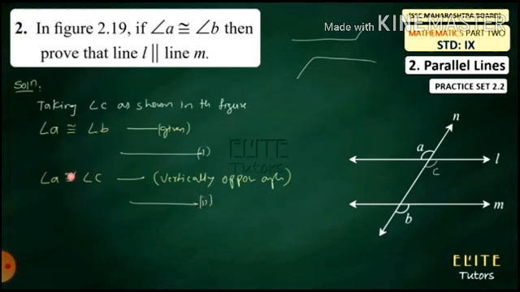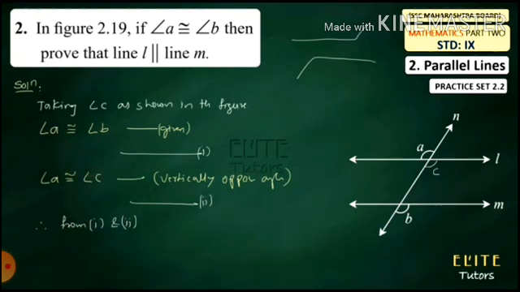Now we will compare 1 and 2. In 1 we get A and B congruent, and in 2 we get A and C congruent. So A is common and congruent to both. Therefore B and C are also congruent.